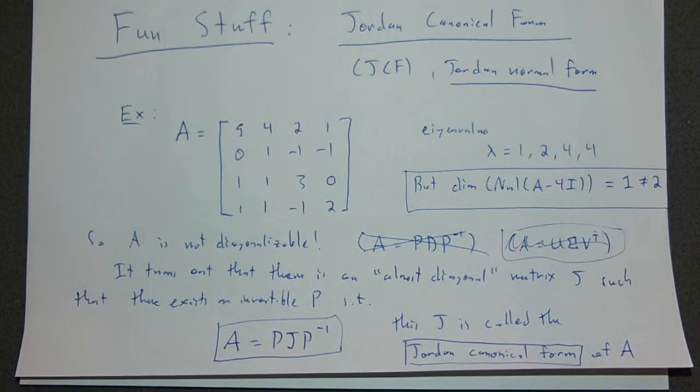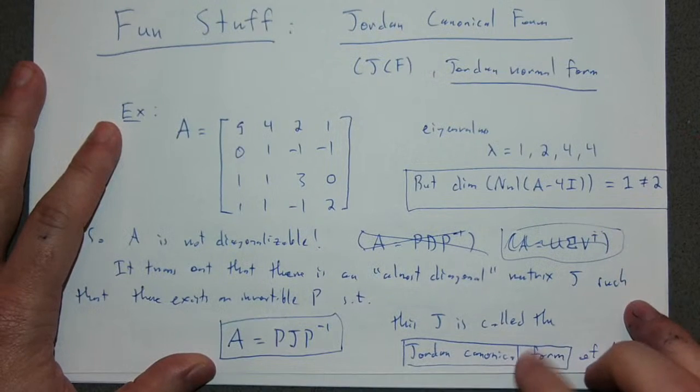This is so nice that when you take any more advanced linear algebra, if you keep going in this stuff, the Jordan canonical form is so nice that whenever you have it, you just assume your matrix is already in it. Pretty much anything you want to conceptually do with a matrix is nicer if it's in Jordan canonical form.